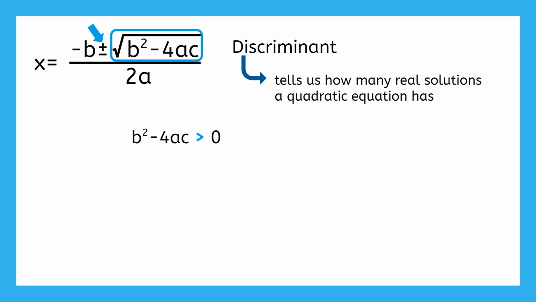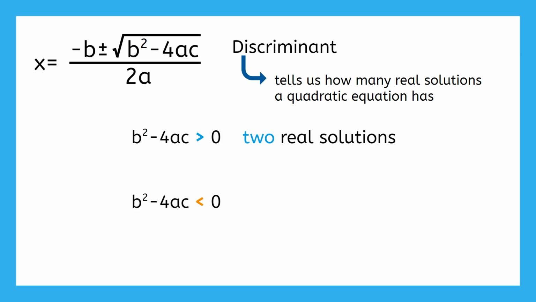So when we continue simplifying the equation, we will end up with two real solutions. If the discriminant is negative or less than 0, then the square root chunk won't have any real solutions, so the equation won't have any real solutions.